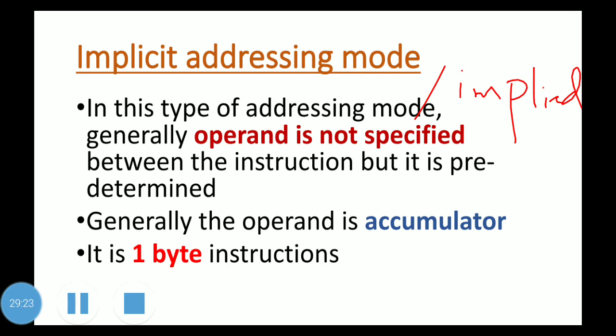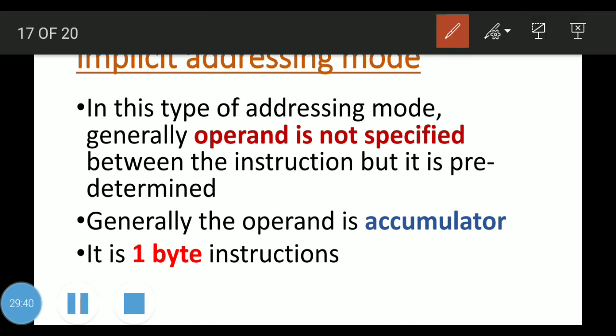Implicit addressing mode: in this type of addressing mode, generally an operand is not specified in the instruction, but it is predetermined. I am highlighting this: operand is not specified, but it is predetermined. Predetermined means it is already assumed that it is there.